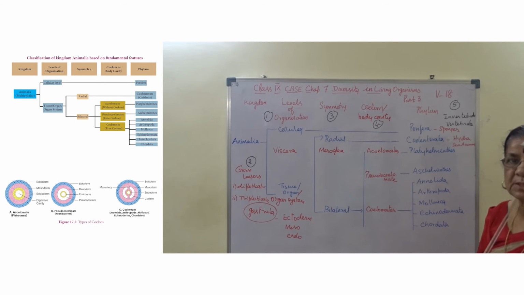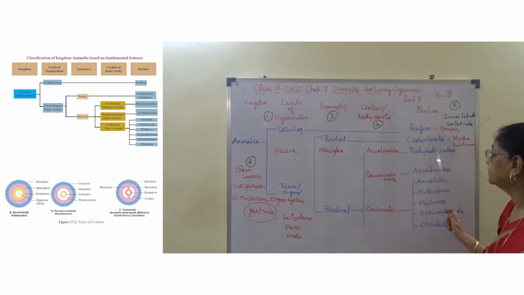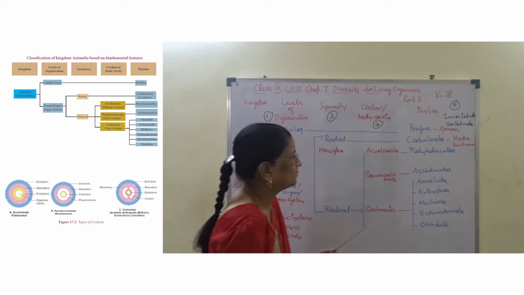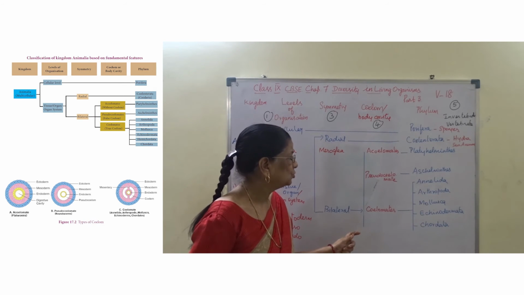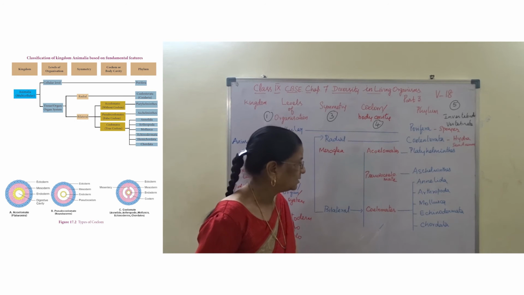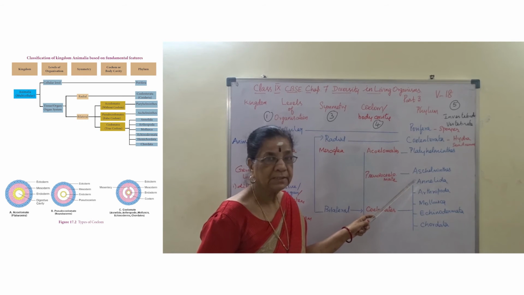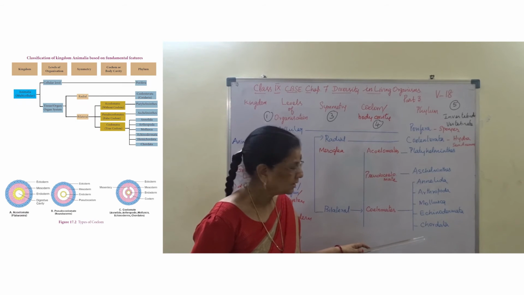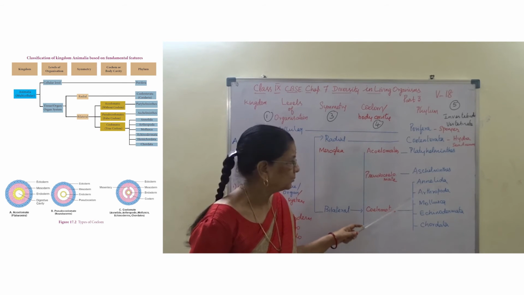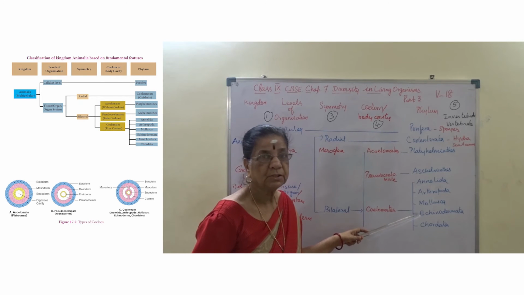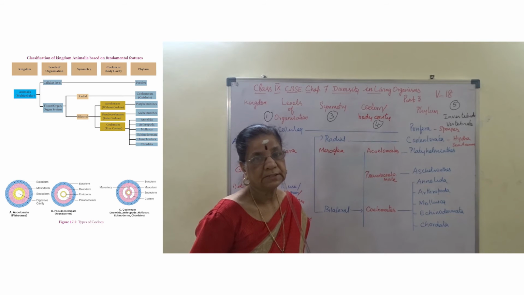Eucoelomate means true coelom. Now, acoelomate phylum Platyhelminthes, pseudocoelomate phylum Aschelminthes, and then coelomate phylum Annelida, Arthropoda, Mollusca, Echinodermata and Chordata.